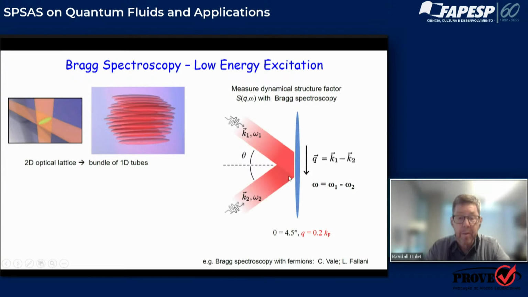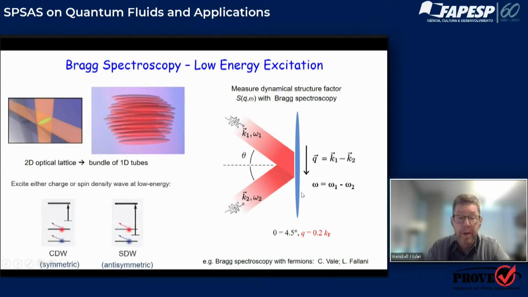So this is called Bragg spectroscopy. You have some fixed angle, and as you tune omega, you tune those excitations into resonance. And so you can map out this dynamical structure factor.